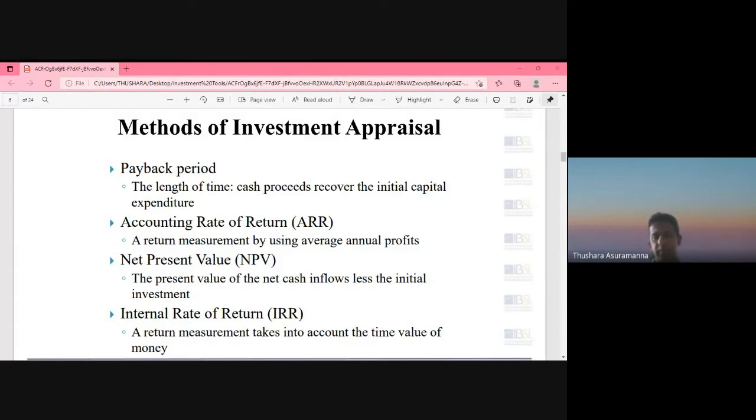Payback period. It's like, let's say you have 10 million rupees today, and some of your friends have approached you, and they ask whether you can invest that 10 million into different investment propositions they are having.